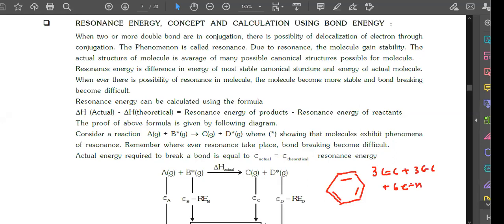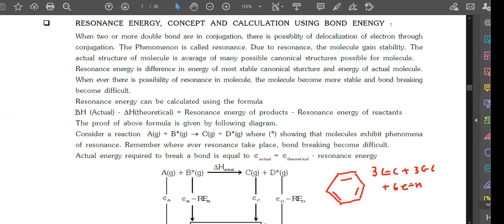But because of resonance, because of delocalization, the energy will be less than this calculated energy. And that difference is your resonance energy. You understood what is your resonance energy, right? So you have to think about this.